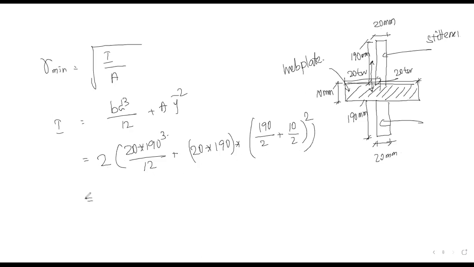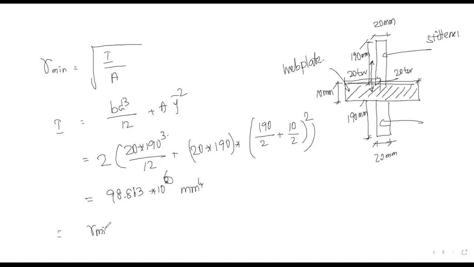So now it becomes around 98.863 into 10 to the power 6 mm to the power 4.